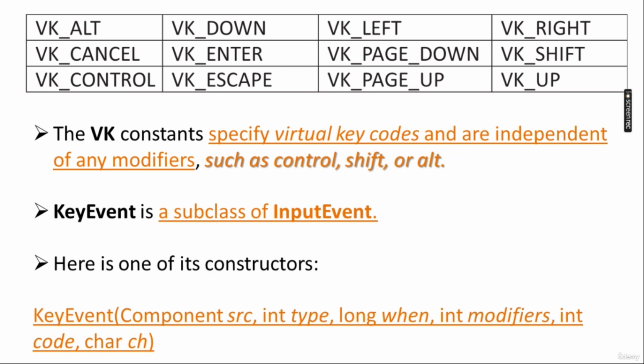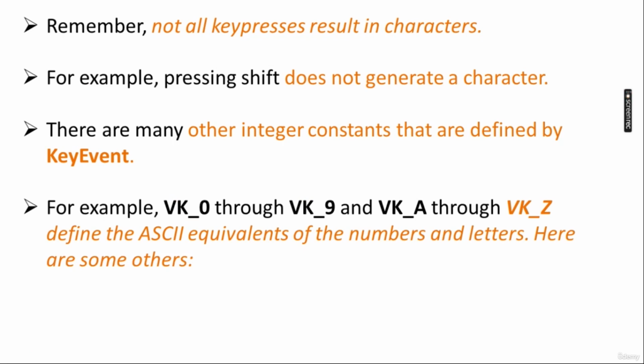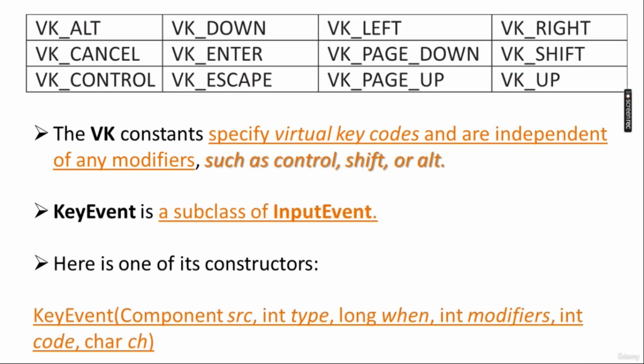So these are special keys, and for these special keys, separate integer constants are created. For example, for the Alt key, the constant VK_ALT is created. For Page Down, the VK_PAGE_DOWN constant is created, because those are special keys that do not generate any particular characters.